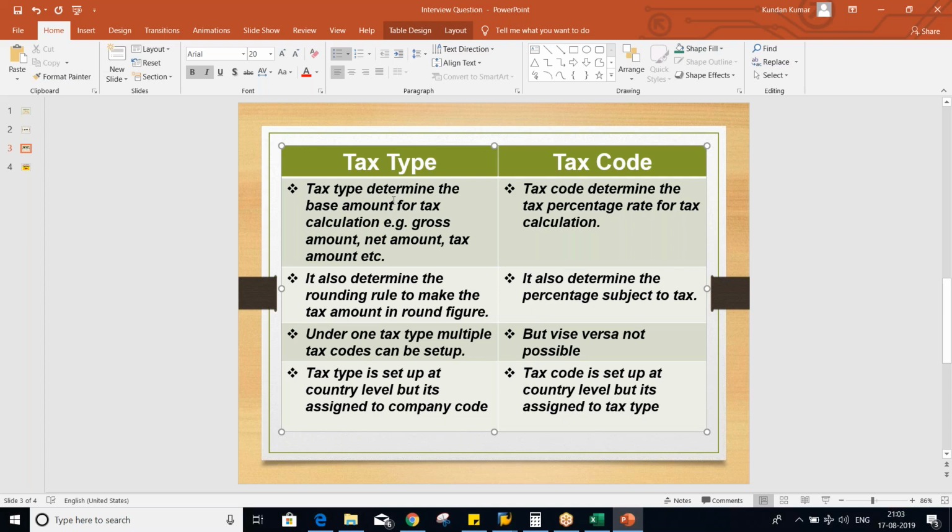These are the two major differences. Then, the second one, it also determines the rounding rule. I'm talking about tax type. Tax type also determines the rounding rule to make the tax amount a round figure.